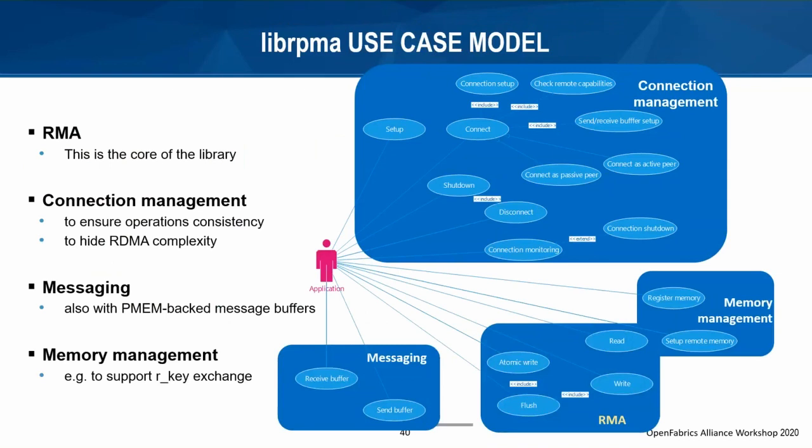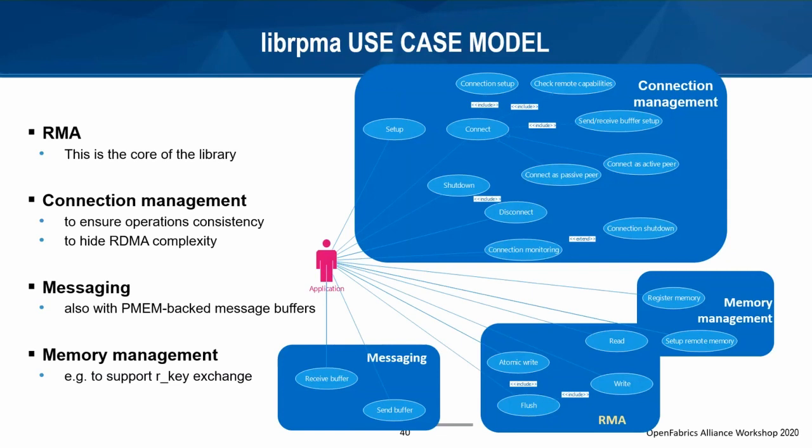So the core of our library doesn't change. We have the read, write, atomic write, and the flush operation. Well, there is no magic. This is what the application will use the majority of its time. But we also have a set of functionality to support connection management.